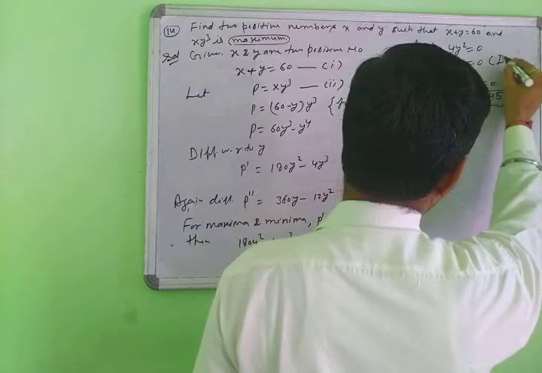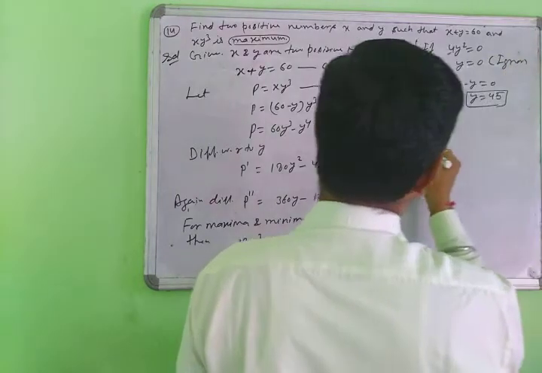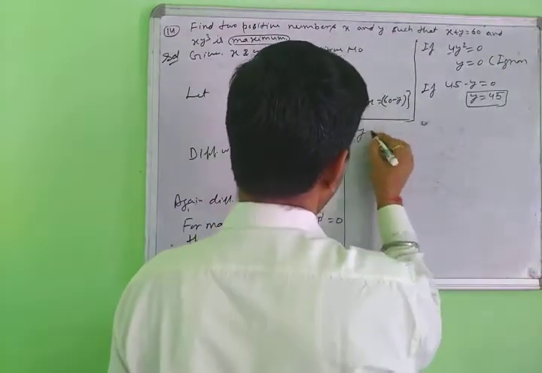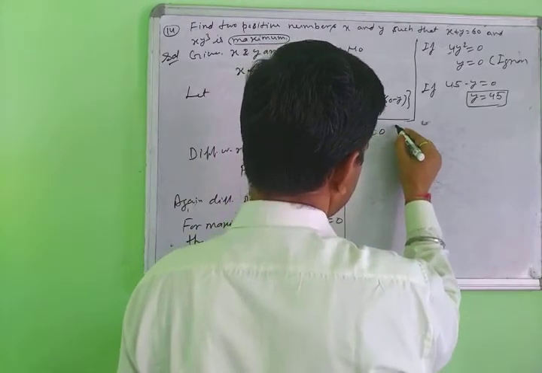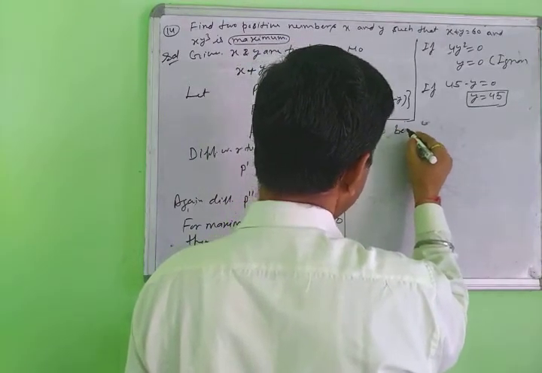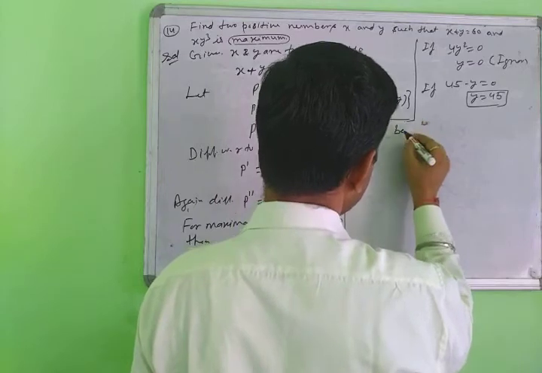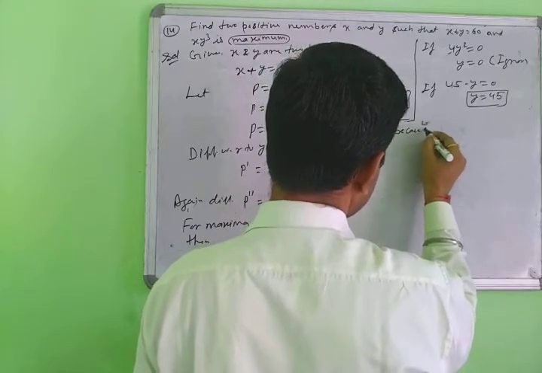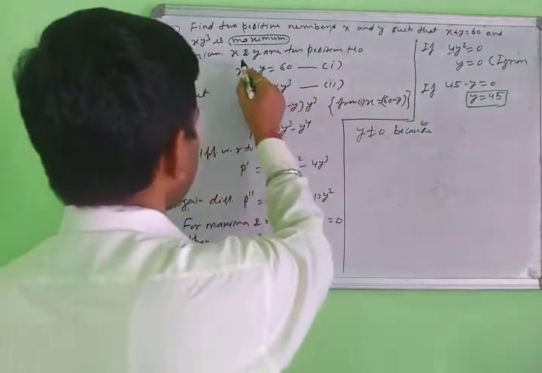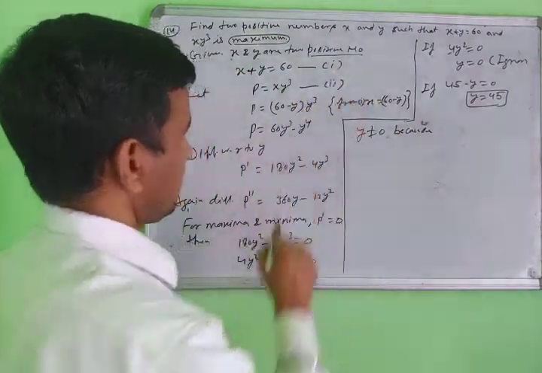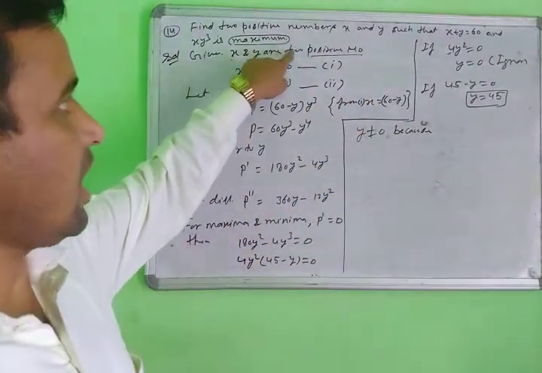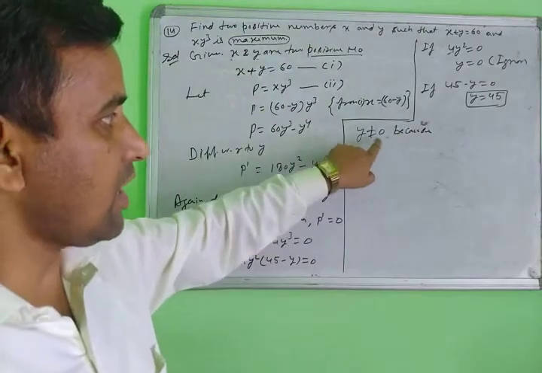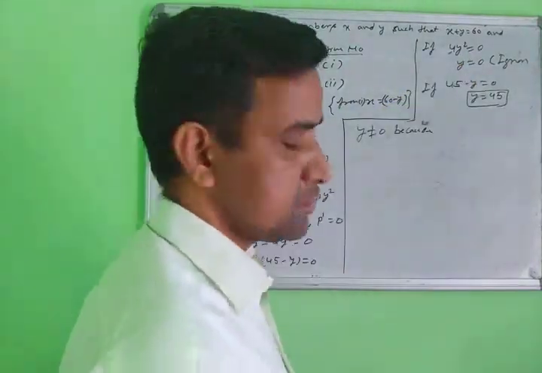This is to be ignored: y equals 0 is not possible because it is given that x and y are positive integers. Here x and y are two positive integers, so y equals 0 is not possible, since 0 is not a positive integer.